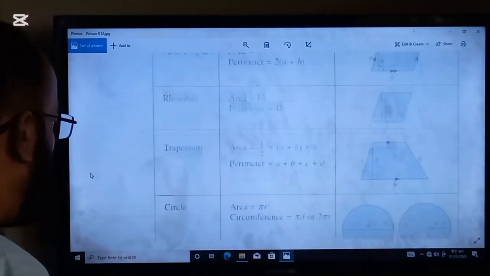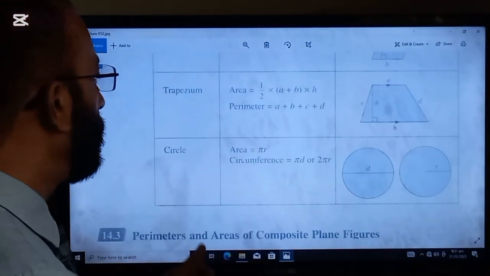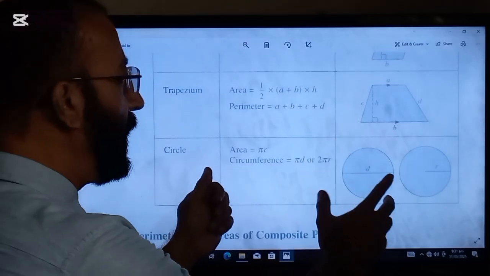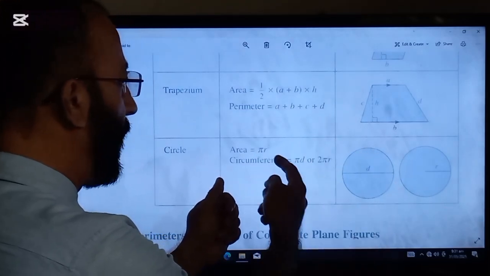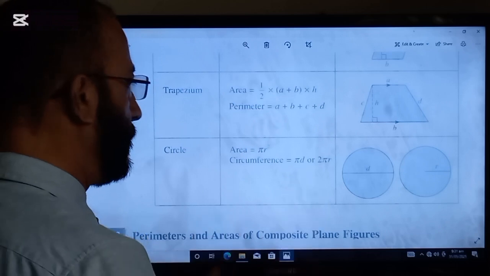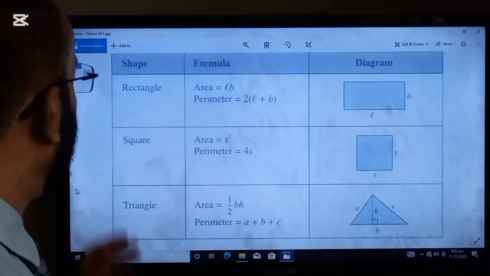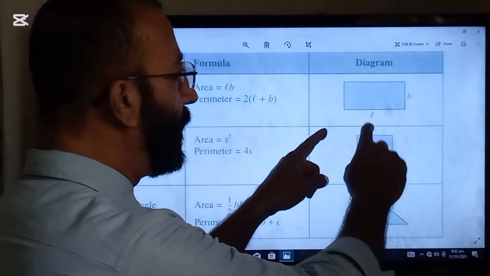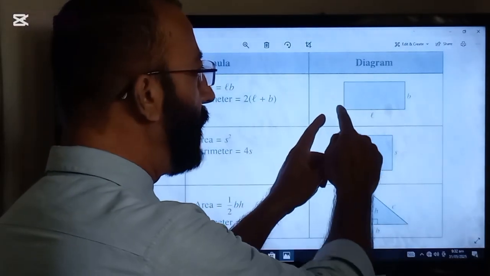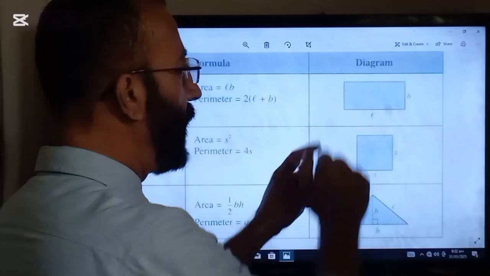The next figure is circle. The formula for the circumference or the perimeter of the circle is 2 pi r or pi d. The next figure is a rectangle. Rectangle is a four-sided figure in which opposite sides are equal and each angle is 90 degrees.